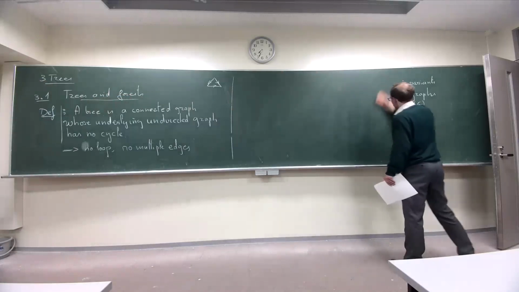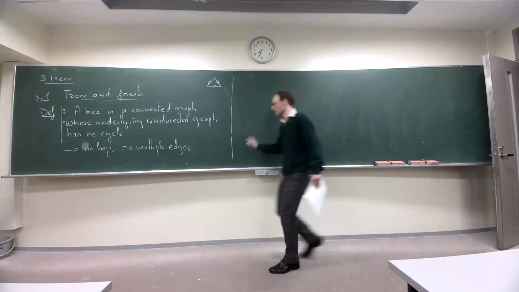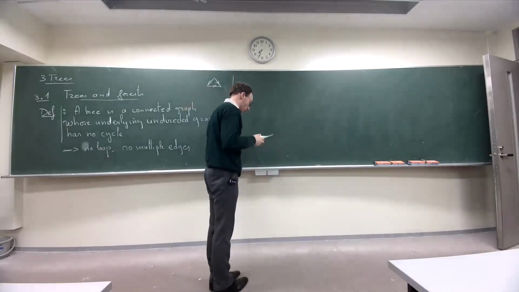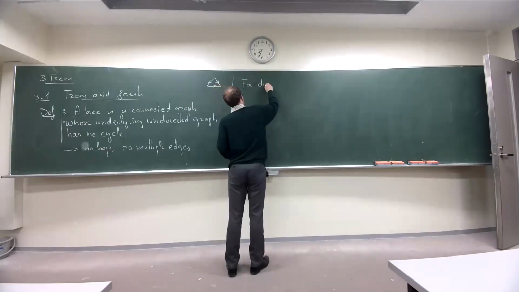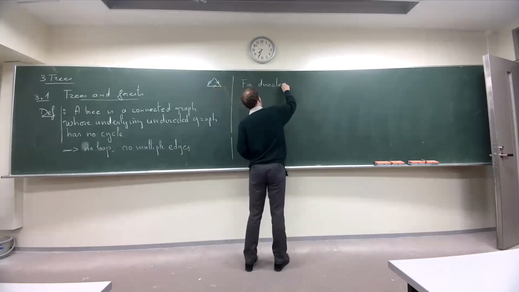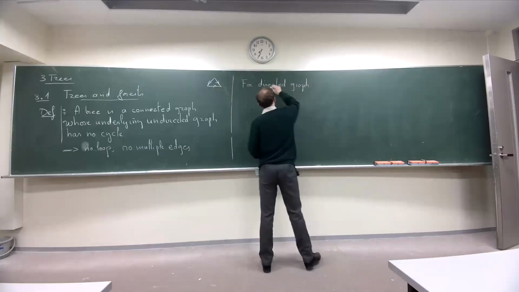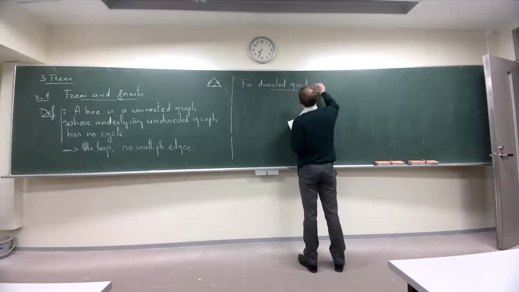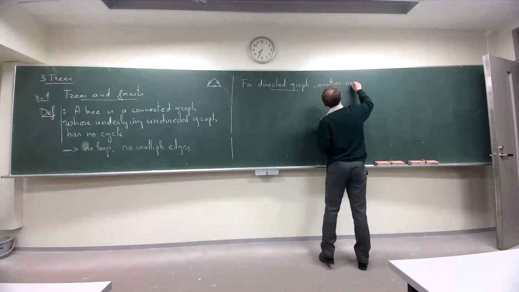A priori, it's not the most useful one. So this is just a remark, and maybe somebody can think about it or work on this. For directed graphs, there is another notion which I'm not going to discuss for now, another notion that I want to mention.